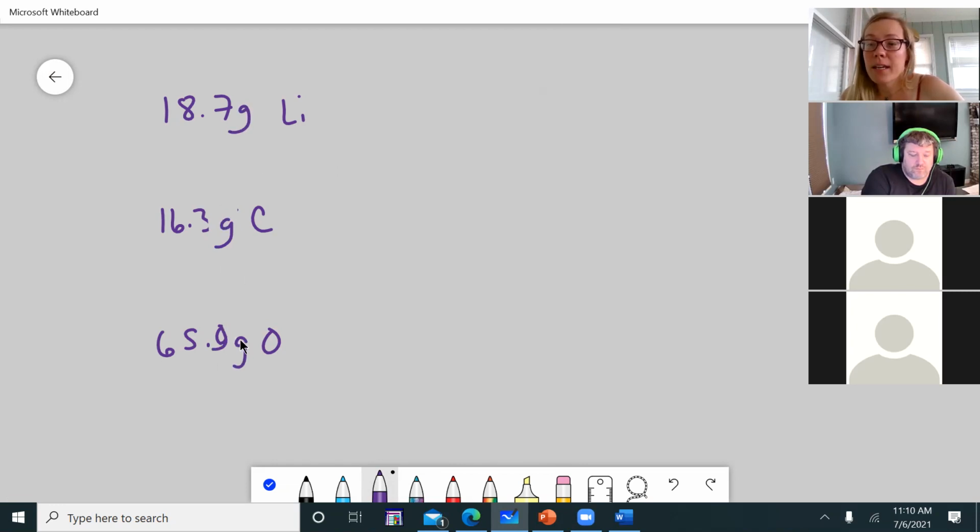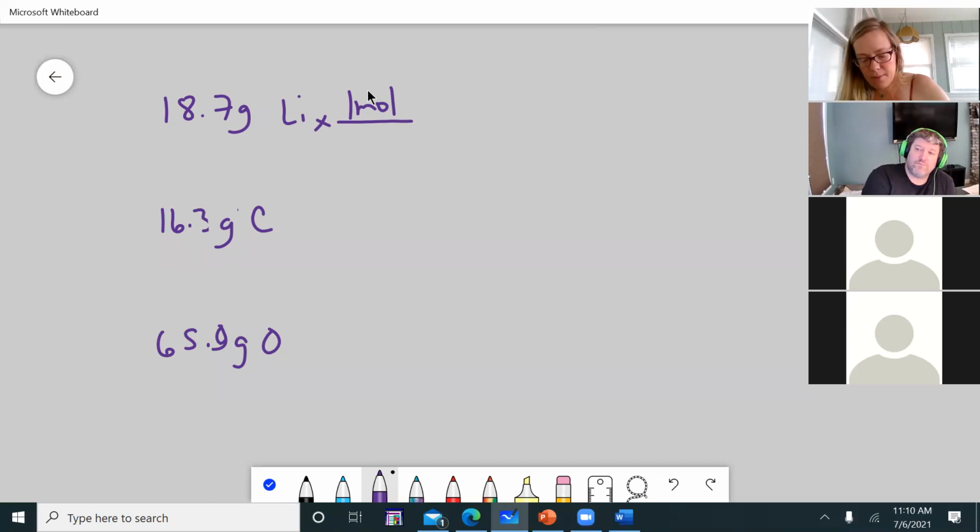Now, mass relationship, we have to get it into a mole relationship. So each one of these, I'm going to convert using their molar mass. So 1 mole of lithium is 6.9.